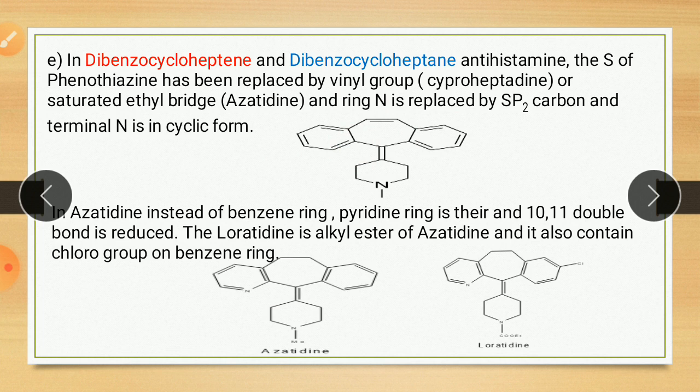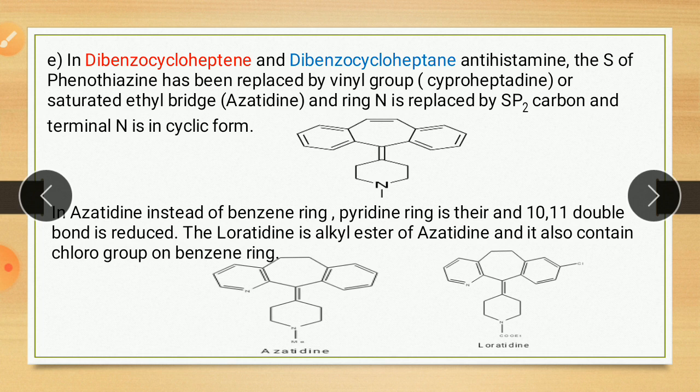Second change, the nitrogen of the central ring of phenothiazine is replaced by sp2 carbon. And third change is that the terminal nitrogen is in cyclic form. So here the example is cyproheptadine, an example of dibenzocycloheptene, and azatadine is an example of dibenzocycloheptane.